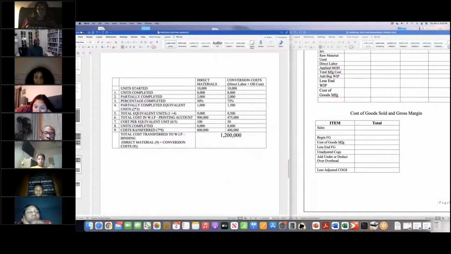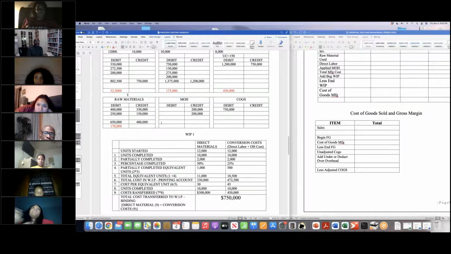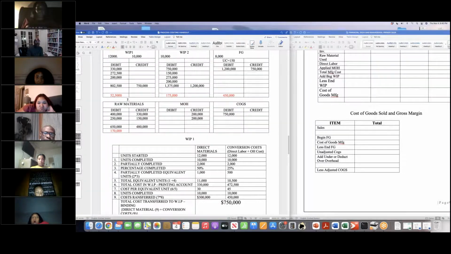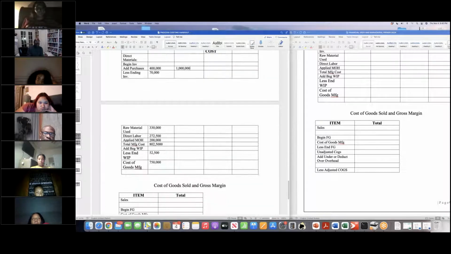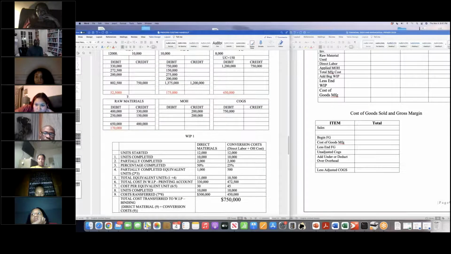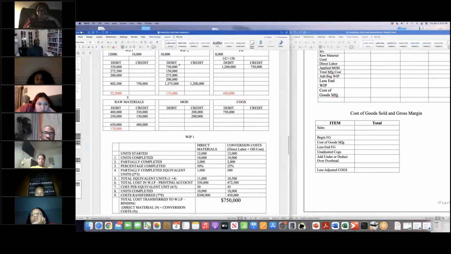Then our ending work in process inventory was 100,000. So the raw materials utilized were 900,000, which is going to be 750 plus 150.